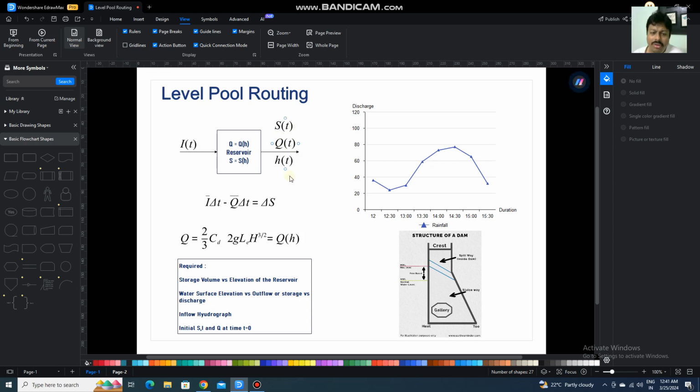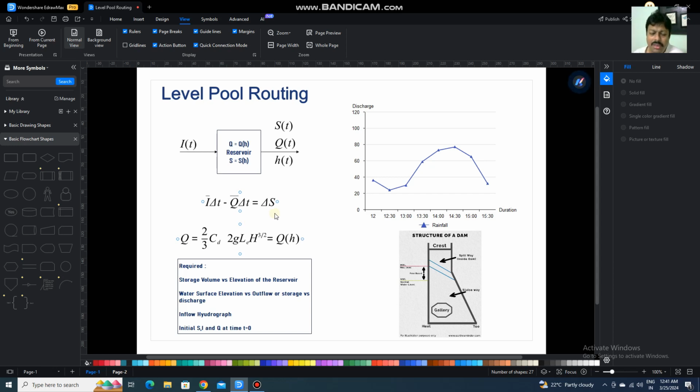However, it can also be noted that the outflow and storage are also functions of water elevation, because the higher the water elevation, the more will be the outflow, if we allow the water to flow out. So from the continuity equation we have found that the average inflow multiplied by the time period minus the average outflow multiplied by the time period is equal to the change in storage.